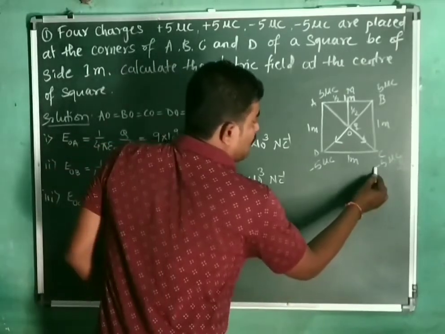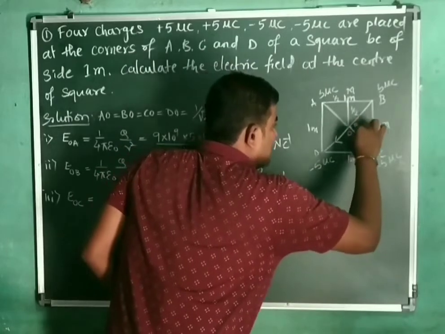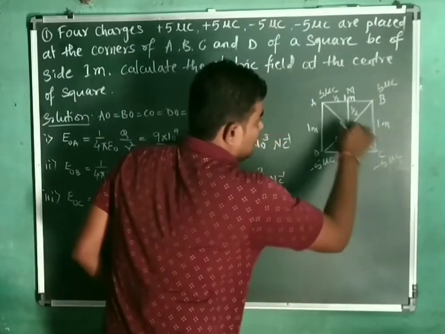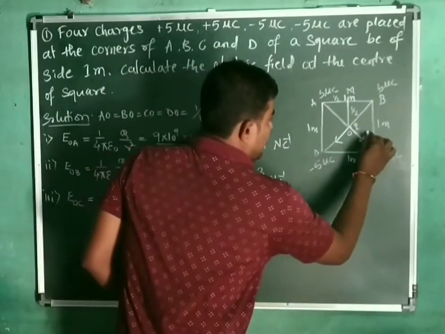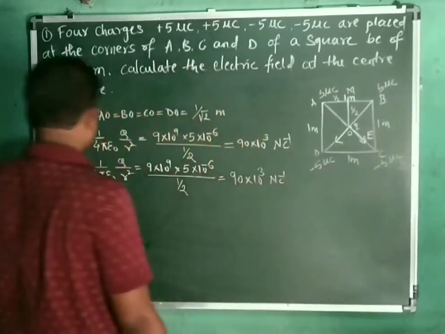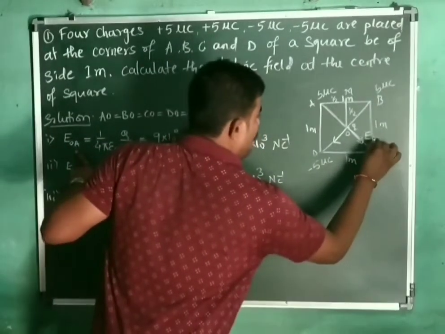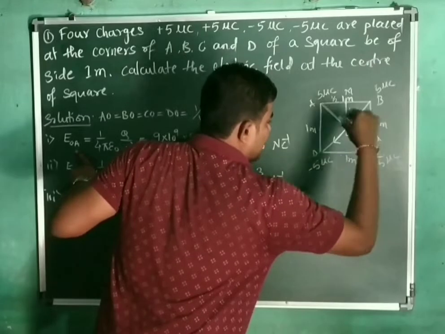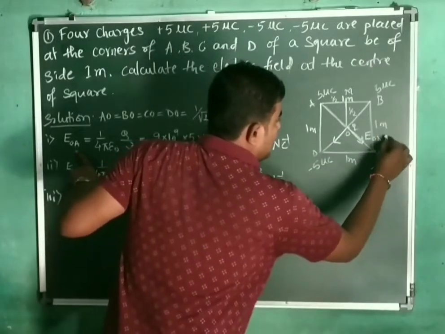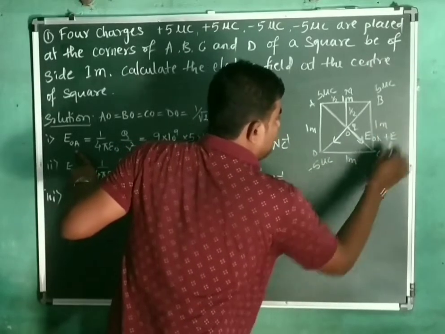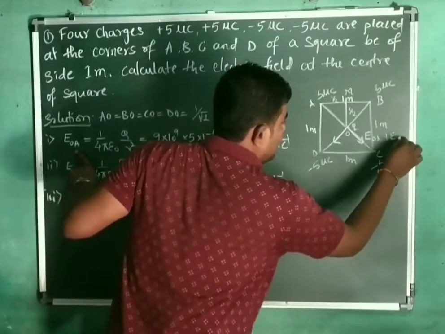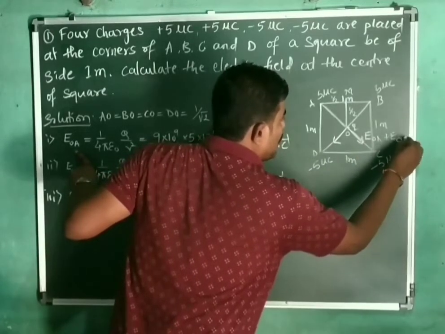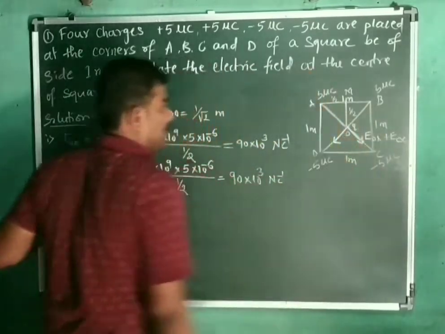Therefore, this minus 5 microcoulomb will attract this test charge in this direction. Initially, electric field OA was in this direction, and now electric field at O due to C is also in this direction.